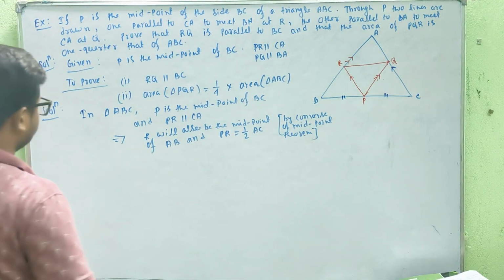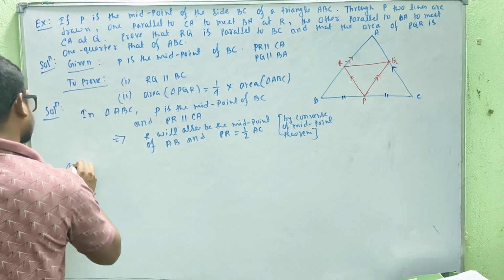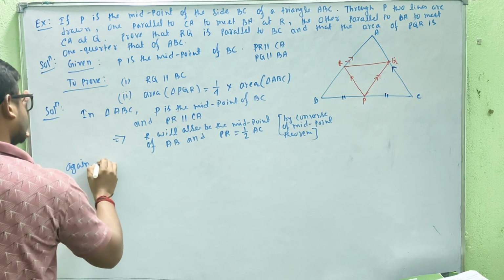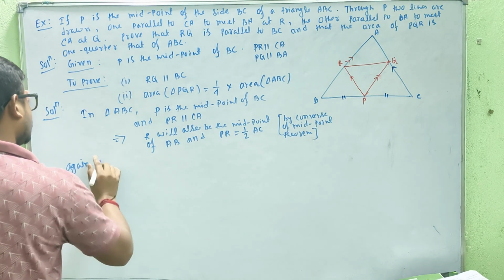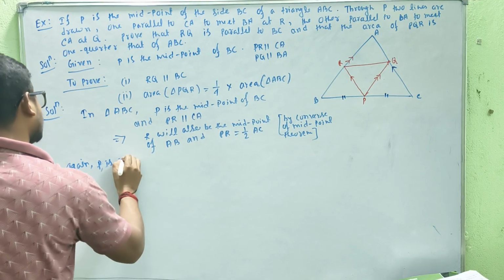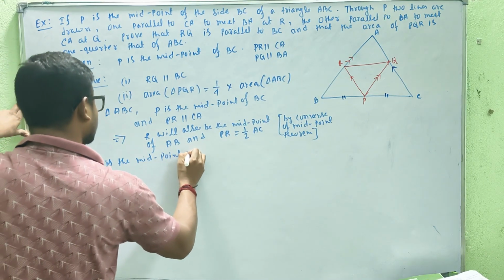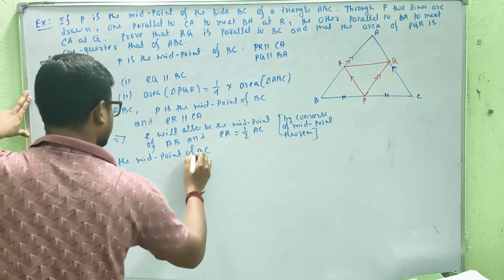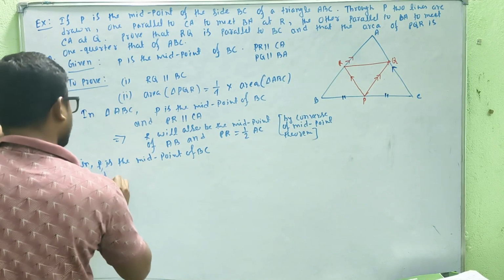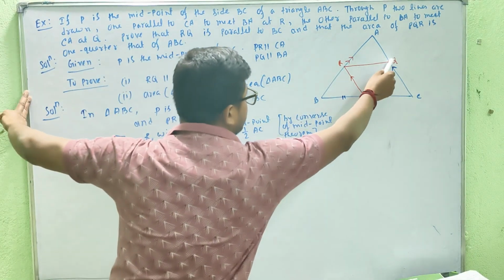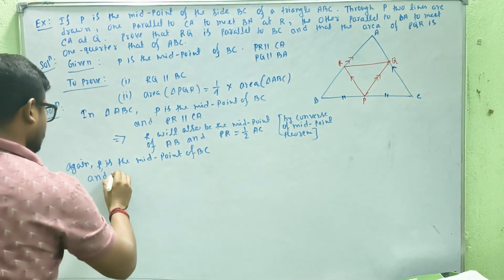Again, P is the midpoint of BC and PQ parallel to BA.